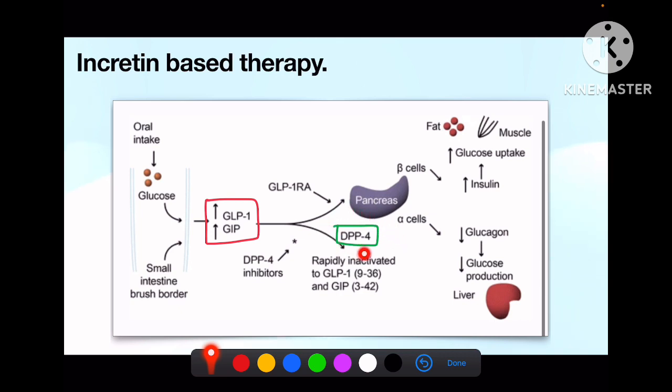When this enzyme starts its action, all the GLP-1 and GIP action will be suppressed. Due to that, beta cell activation won't happen, then insulin won't be released, then your blood sugar will be high.